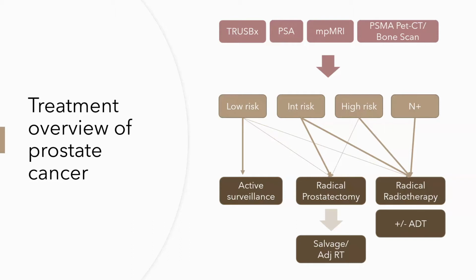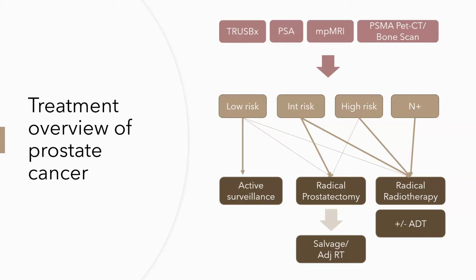Now, for low risk prostate cancer, the preferred treatment option at the moment is active surveillance. But patients who are not keen on active surveillance, cannot do repeated investigations, or are not good for follow-up can be taken up for either radical prostatectomy or radical radiotherapy. Intermediate risk disease is also further subdivided into favorable and unfavorable intermediate risk disease, depending on whether the Gleason score is 3+4 or 4+3.